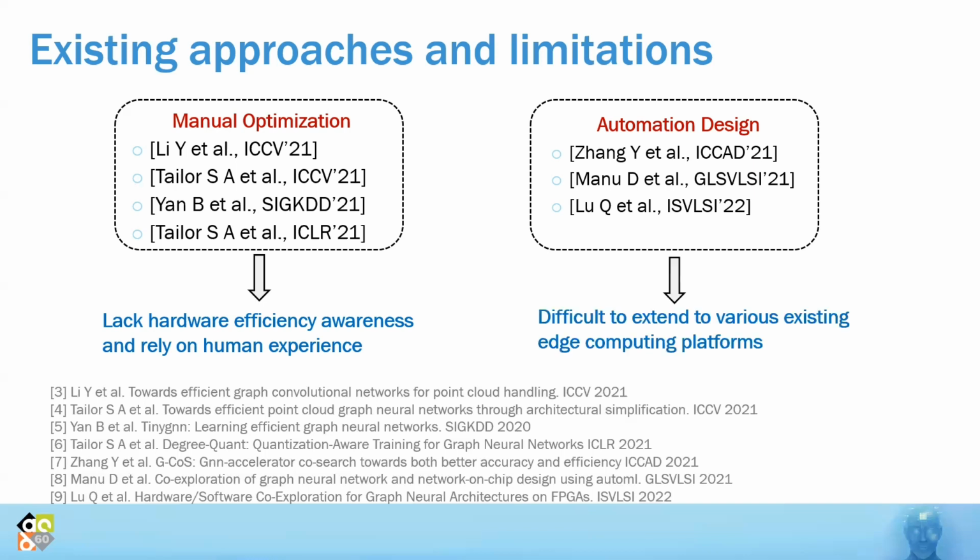The existing automated design work has achieved good acceleration results, but they basically use estimation-based methods to optimize GNN efficiency and are only oriented to specific accelerator architecture, so it is difficult to extend to various existing general-purpose edge computing platforms.